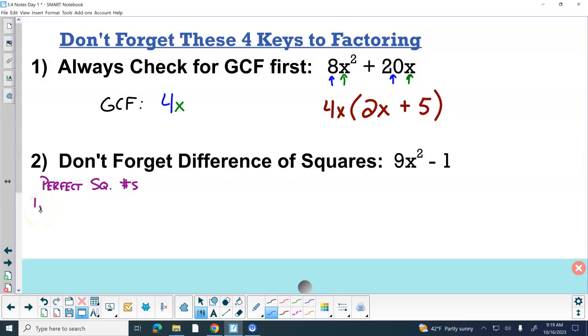Then? 2 is not. 4 is. Then? 9 is next. 16. 27 is not. 25 is. 36 is. 49 is. 64 is.